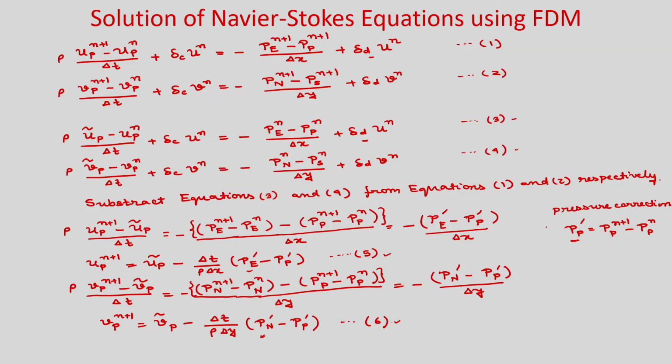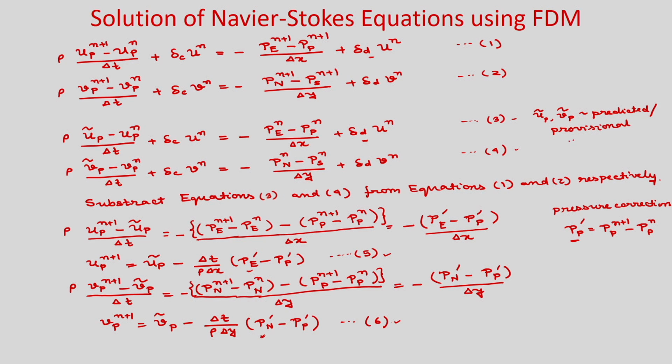Now, we will satisfy the continuity equation in the main cell of pressure P, and we will derive the equation for pressure correction. So, here let us write that u tilde P and v tilde P are predicted or provisional velocity.